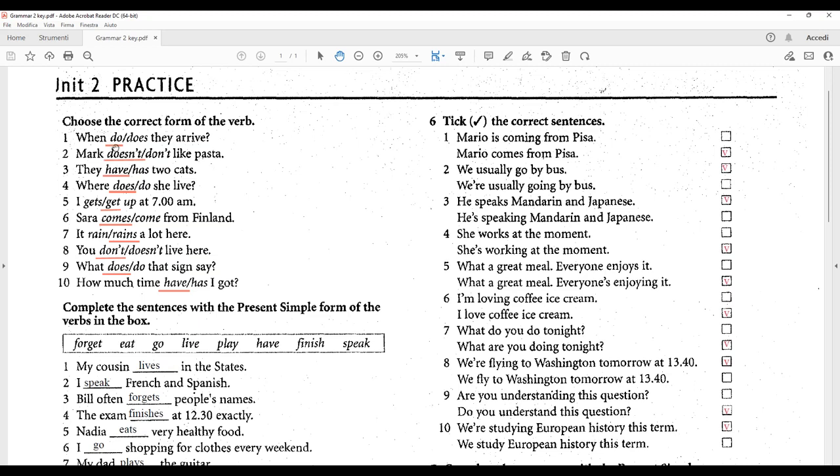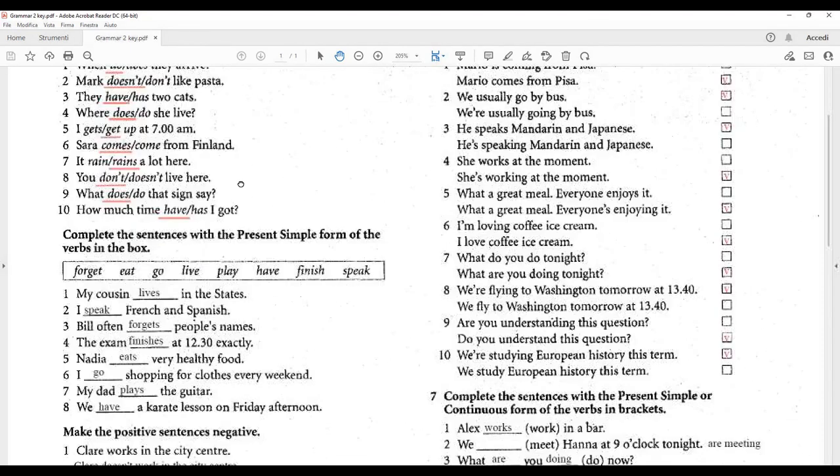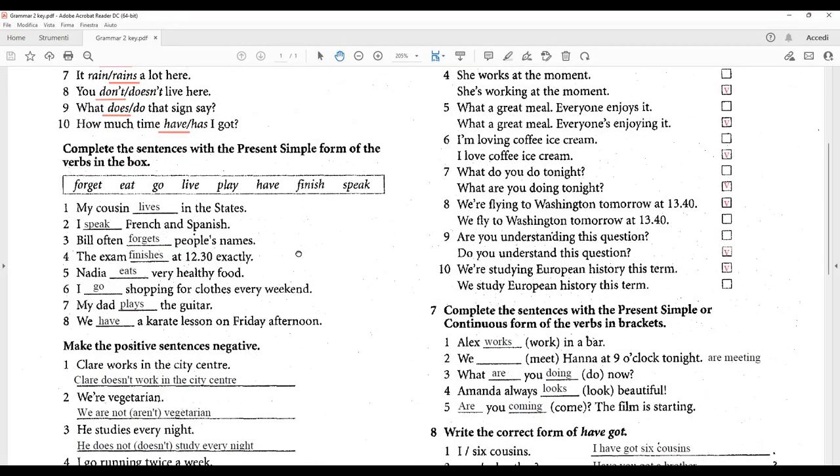Mark doesn't like pizza, so do for first, second, singular, and plural forms, right? I, you, we, you, they. Does or doesn't in the negative form, doesn't, for the third singular person. Yes, have, where does she live? So these were some examples of the exercises we did last time.